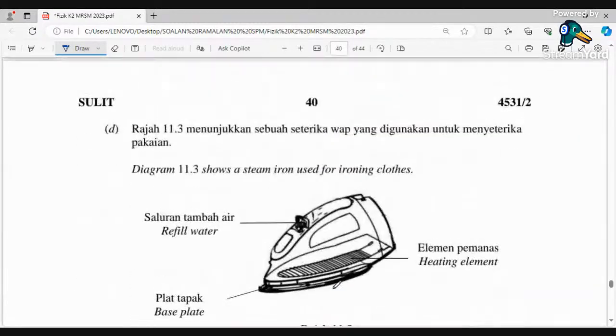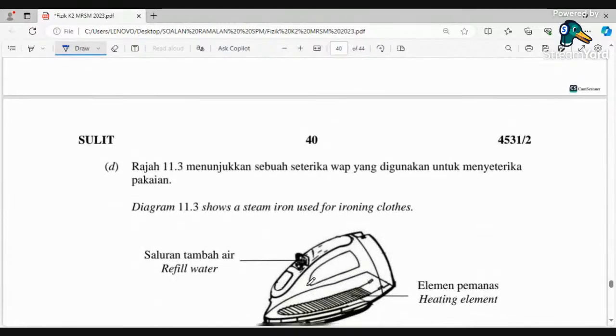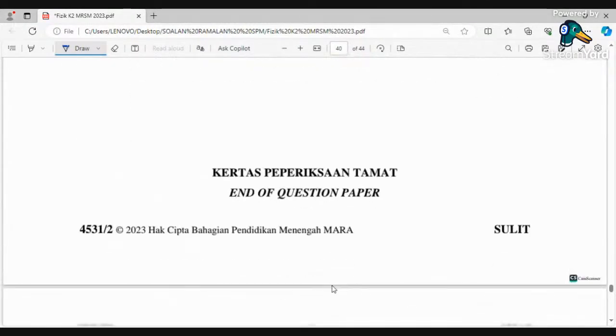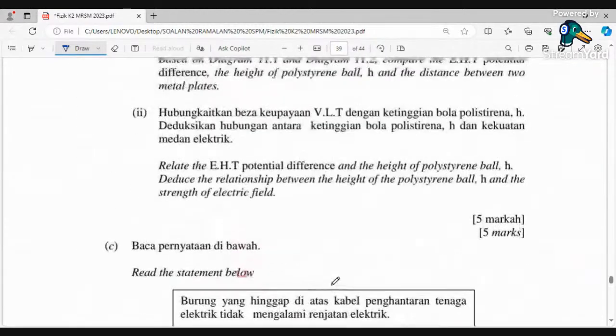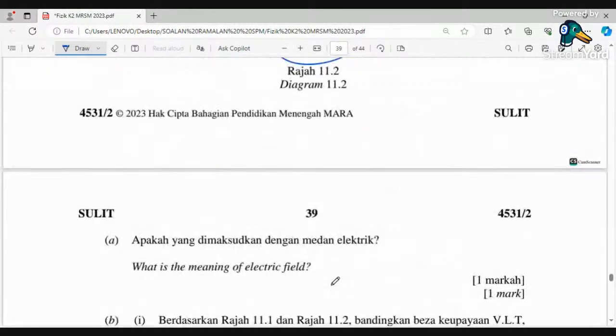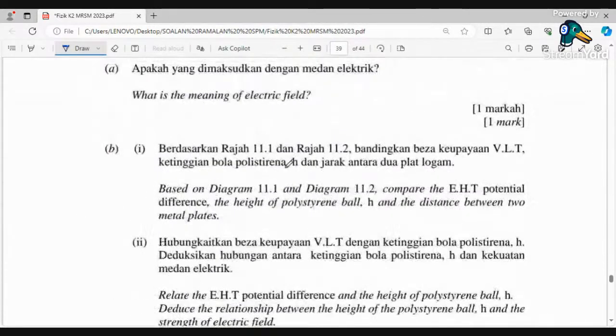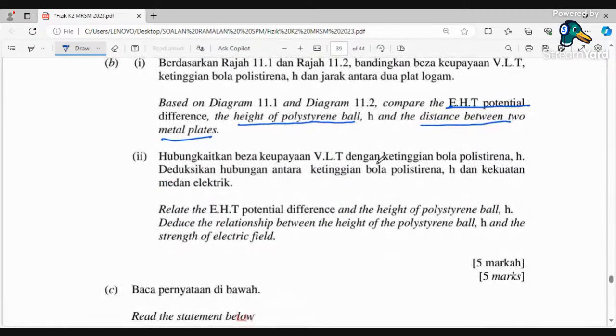Okay, what comes out for this part is a steam iron. Okay, modification for the steam iron. This question is like a question that has come out before. Okay, definition. Then compare EHT. Highlight what needs to be compared: EHT, height of reservoir H, distance between two metal plates. Then deduce the relationship between height of reservoir H and strength of electric field. 5 marks.